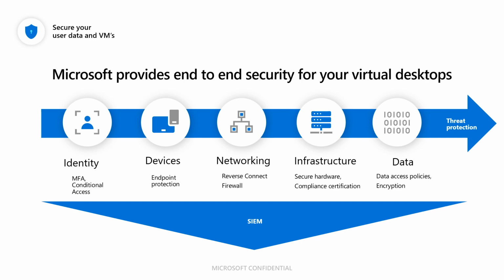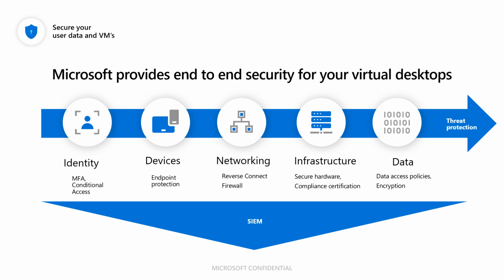Security Center, recently renamed to Microsoft Defender for Cloud, lets you provide unified security management for your VNet and virtual machines. And Azure Information Protection lets you secure your data, documents, and email in your desktop environment. And for network security, you can use network security groups within your Azure Virtual Network to control traffic in and out of your session host virtual machines.